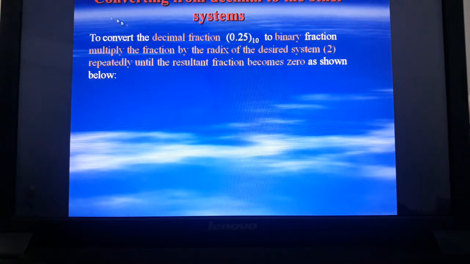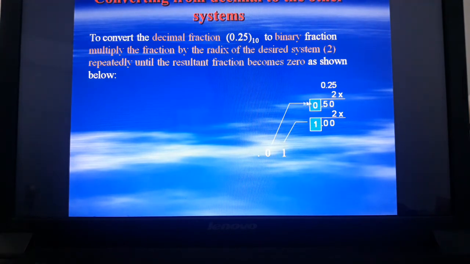To convert decimal fraction 0.25 to binary fraction, multiply the fraction by the radix of the desired system, which is 2, repeatedly until the resultant fraction becomes 0, as shown. Now, the 0.25 multiplied by the radix, which is 2, we find it is equal 0.50.